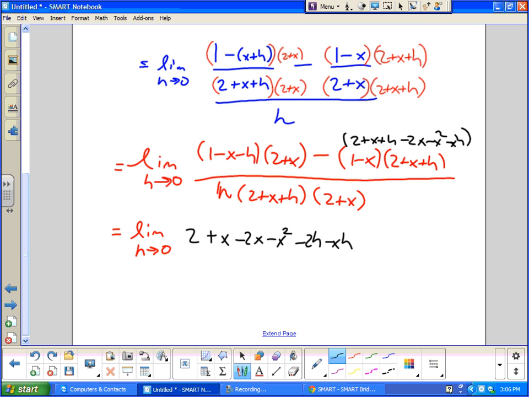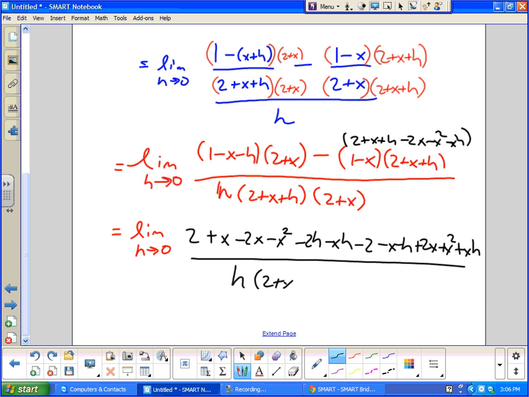And I'll change the sign down here as I bring it. All over h times (2 plus x plus h) over (2 plus x). Oh, please, let everything without an h disappear.